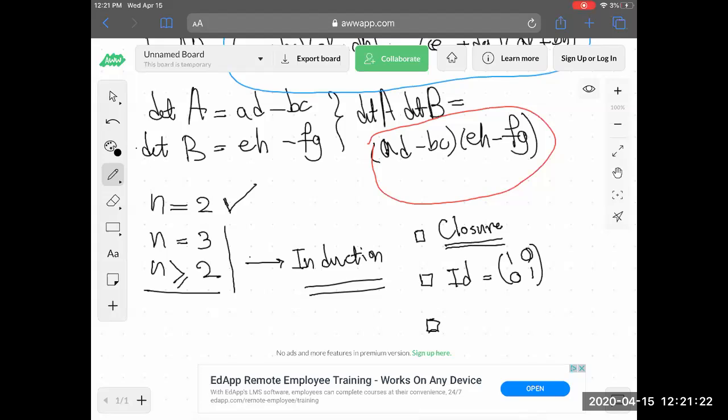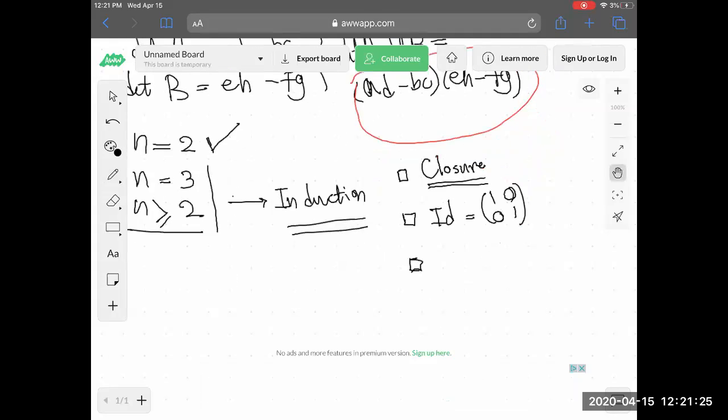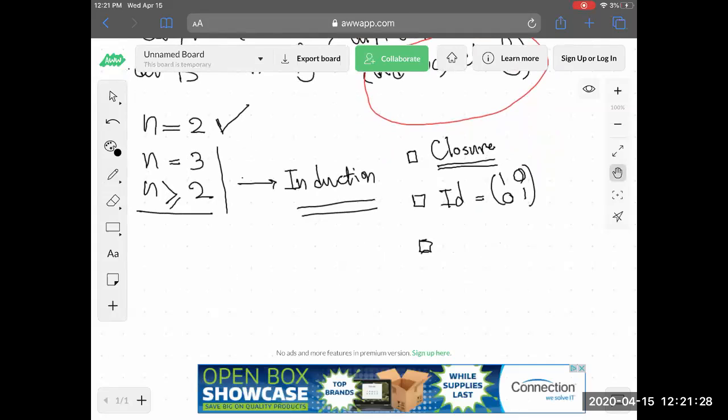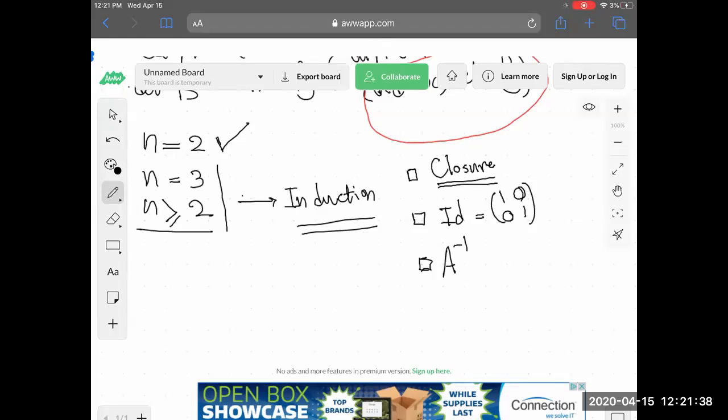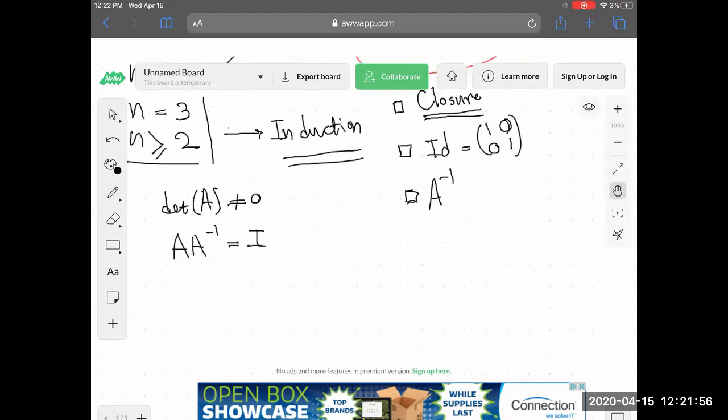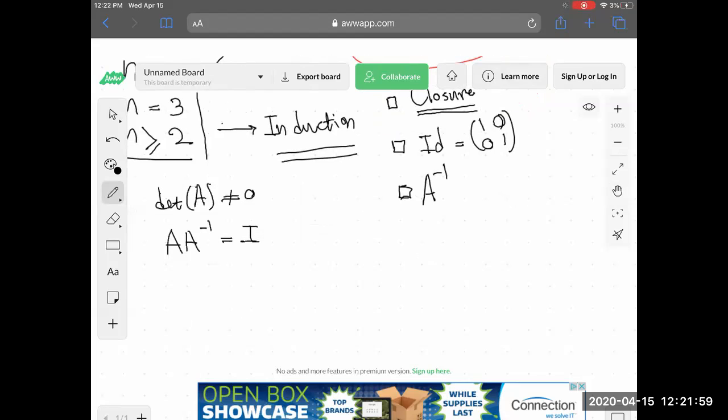Well, also we know multiplication of matrices is associative, and we should check that if we have a 2 by 2 matrix, its inverse is also a 2 by 2 matrix whose determinant is non-zero, and that's the case here, because if determinant of A is non-zero, determinant of A inverse is also non-zero. That's because A times A inverse, by definition, is the identity element, which here is the identity matrix.